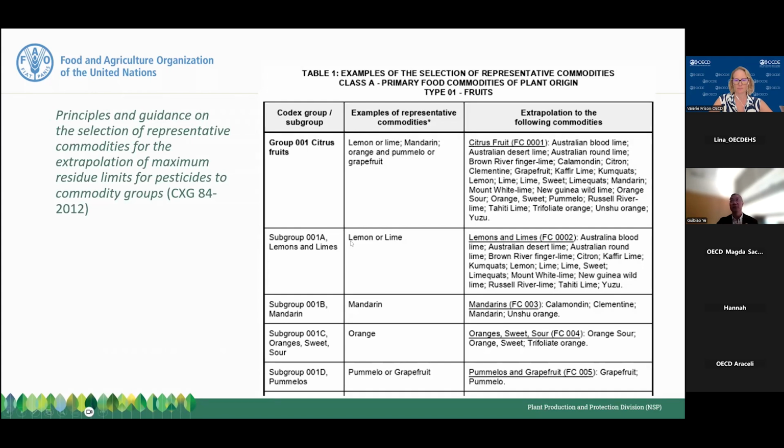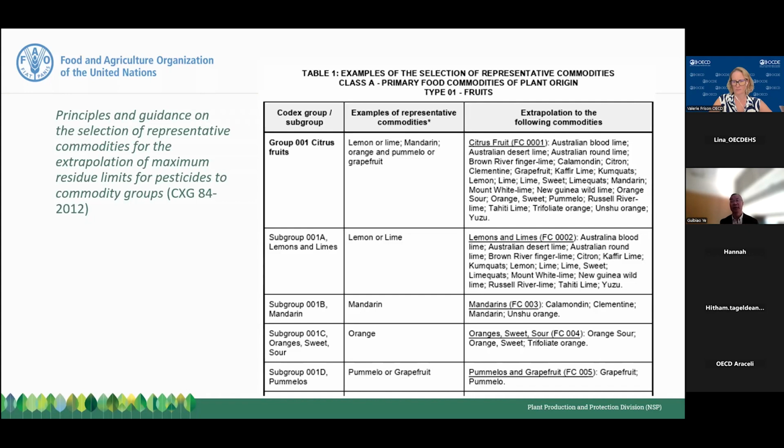For example, if we have representative crops of lemon, lime, mandarin, orange, and pummelo, we can recommend for the whole group. And if we only have data for lemon and lime, we can recommend for the lemon-type subgroup, which includes a lot of other species of crops.